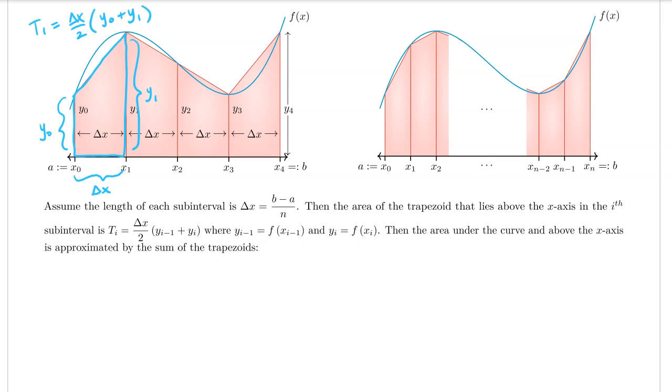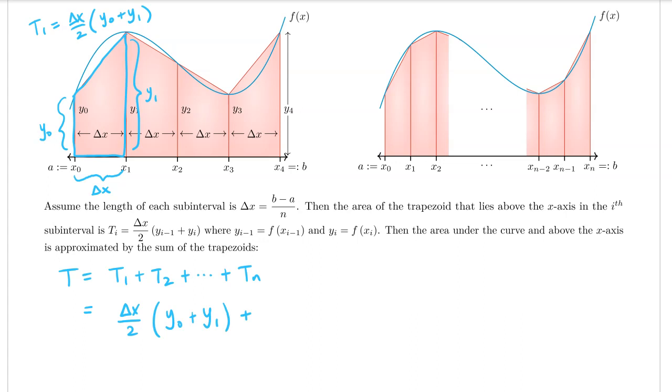Now what we want to do is calculate T, which represents the sum of all of these trapezoids' areas. So this would be equal to T sub 1 plus T sub 2 plus all the way to T sub n. We just calculated T sub 1, so let's expand that out. T sub 1 was equal to delta x over 2 times y sub 0 plus y sub 1.